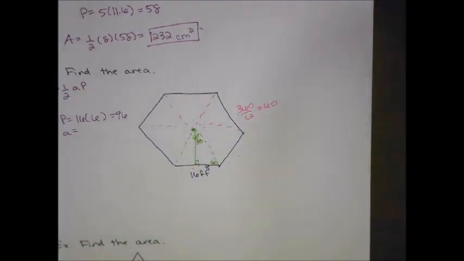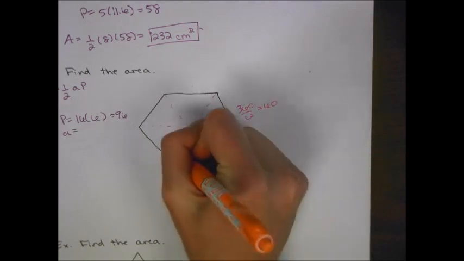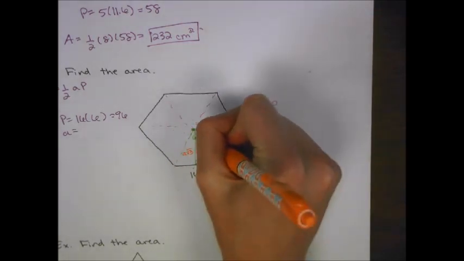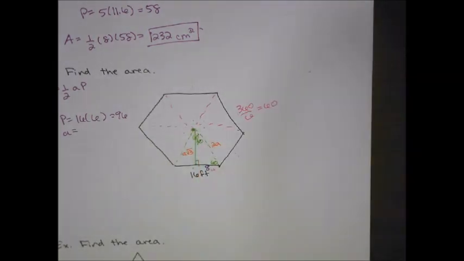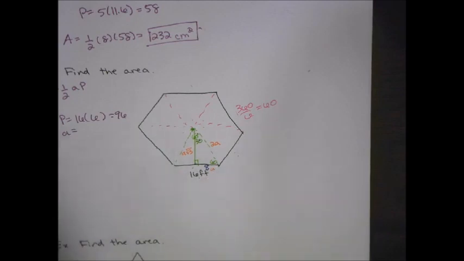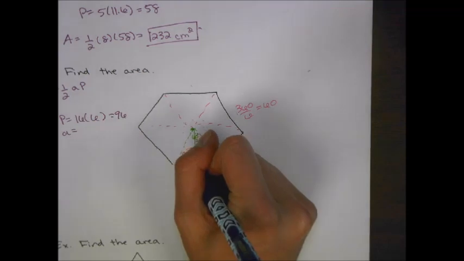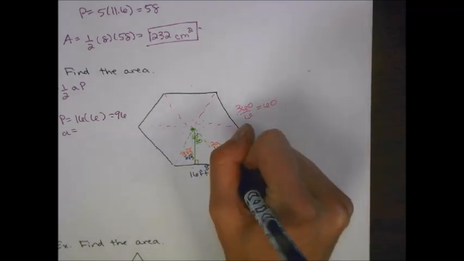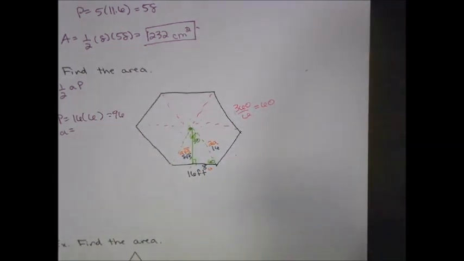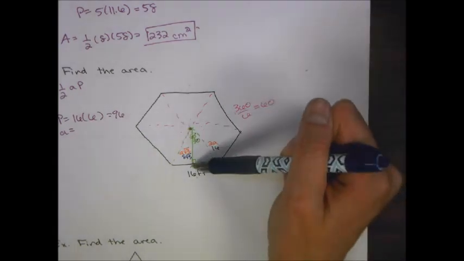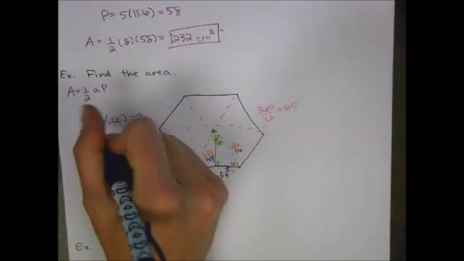Go ahead and write our pattern. A, A root 3, 2A. This is going to be 8 root 3, and this is 16. So my apothem is 8 root 3.